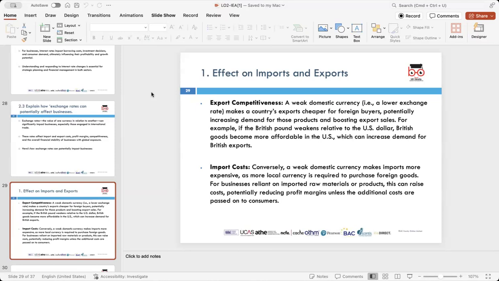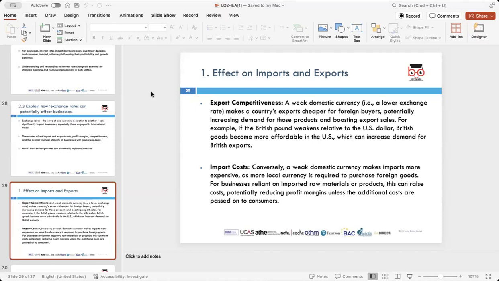So when a country's currency weakens or depreciates compared to foreign currencies, its goods and services become cheaper for foreign buyers. This can lead to increased demand for exports, benefiting businesses that sell products internationally.